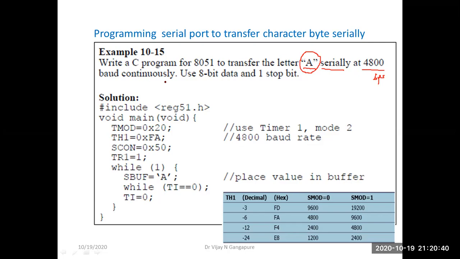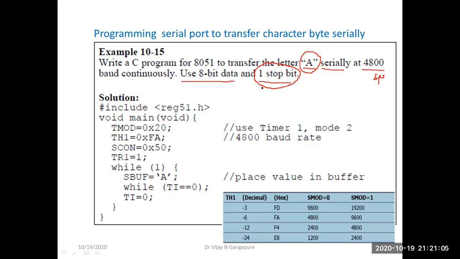Okay, continuously, and for that I have to use 8-bit data. The number of data bits is 8 and one stop bit. Now here explicitly one stop bit is asked, but in the case of the 8051 serial port, we cannot configure this framing bit, one stop bit or two stop bits.